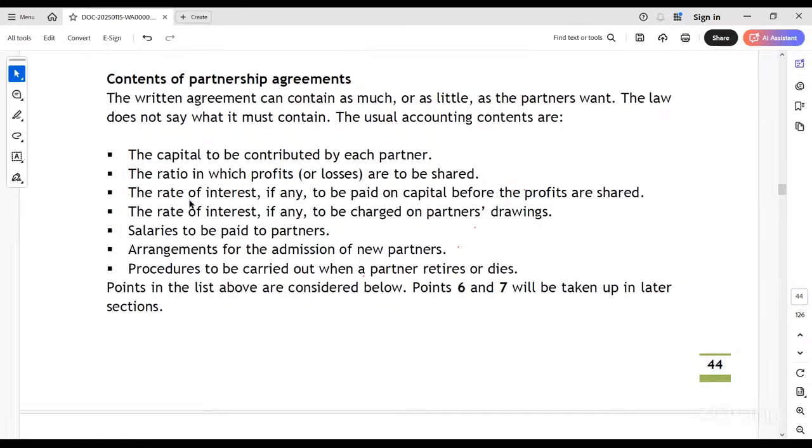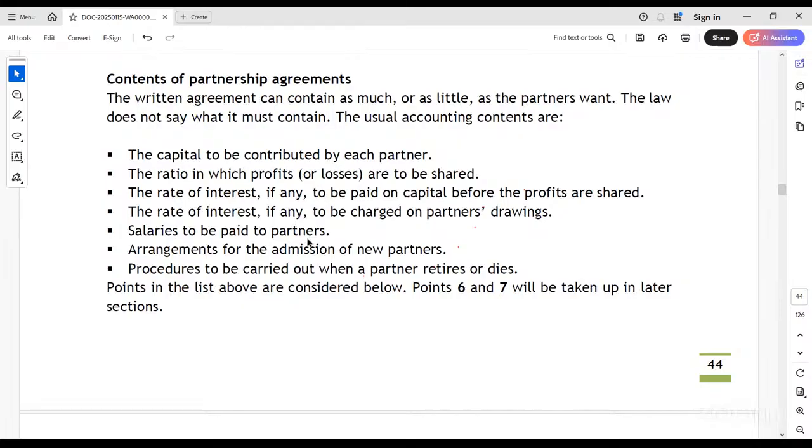Then we also have to talk about the ratios in which profits or losses are to be shared. How are we sharing the profits and the losses? We also have to clearly state that in the agreement. Then the rate of interest, if any, to be paid on capital before the profits are shared. The rate of interest, if any, to be charged on partners' drawings.